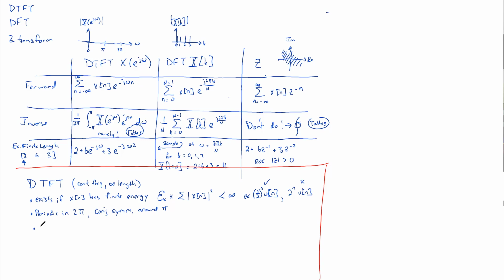So, point of confusion. It's easy to get confused that omega equals 0 is DC values, and it can go all the way up to pi, which is your highest frequency possible, and it goes back up to 2 pi, which is back to your DC.